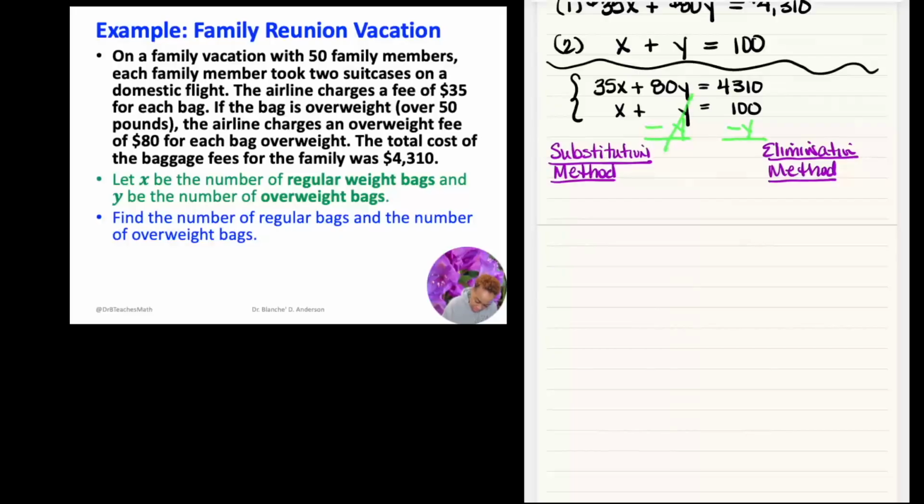This will cancel out, and I'm going to be left with x equals 100 minus y. And then I'm going to take the first equation and substitute. So we're going to put 100 minus y here, plus 80y equals 4310.